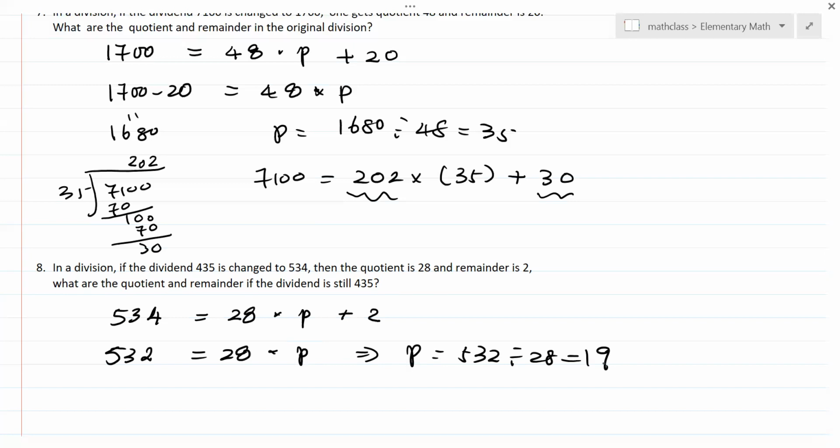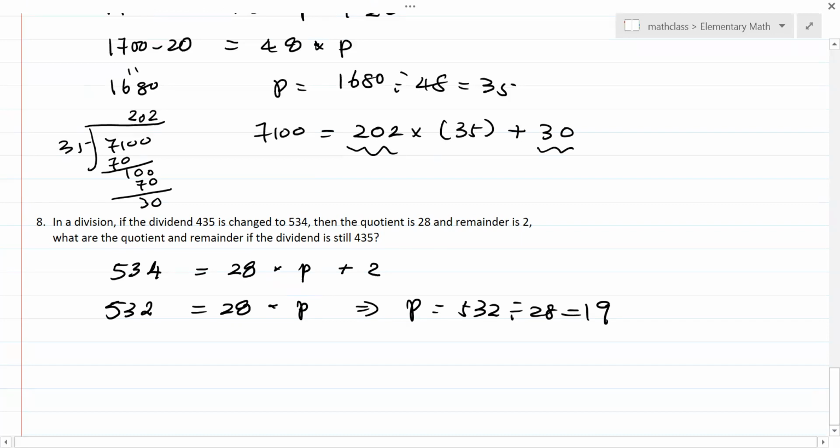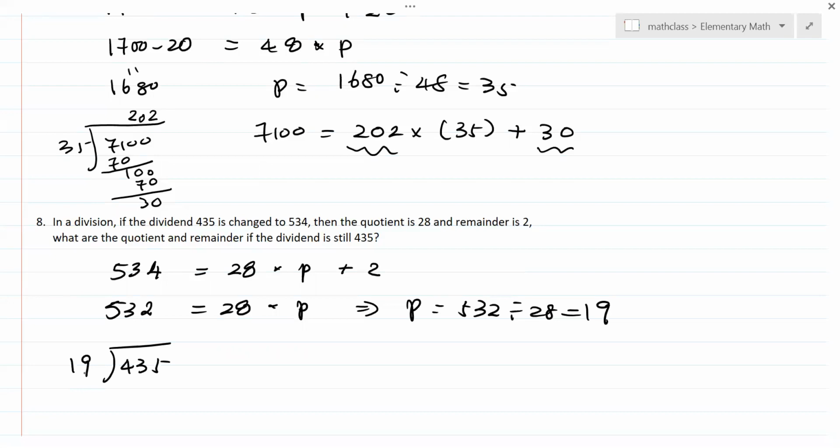And then you can use that number to divide 435, the original number. You want to find the quotient and the remainder of the original number. You have only thing you have to figure out the divisor first.